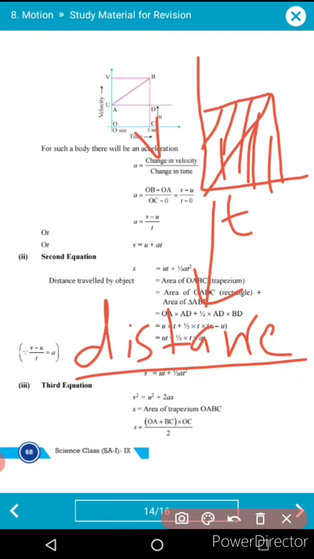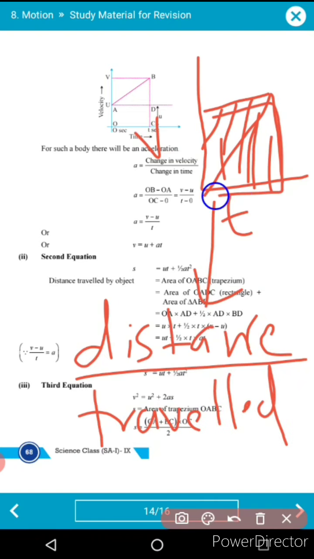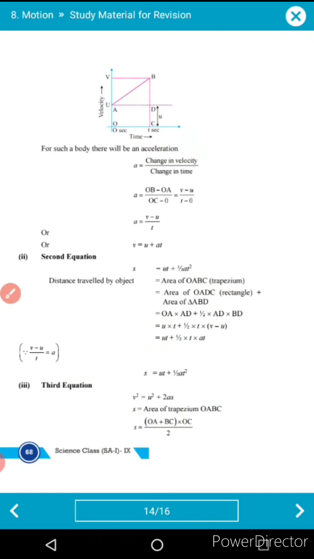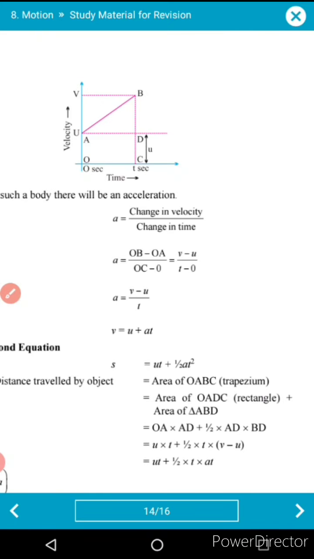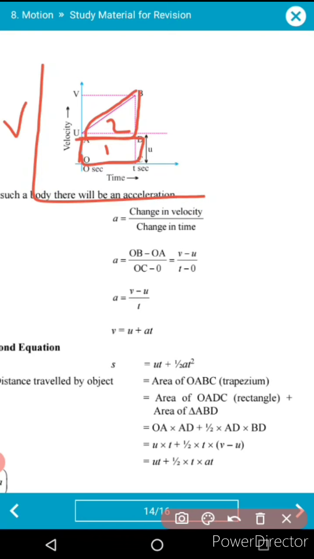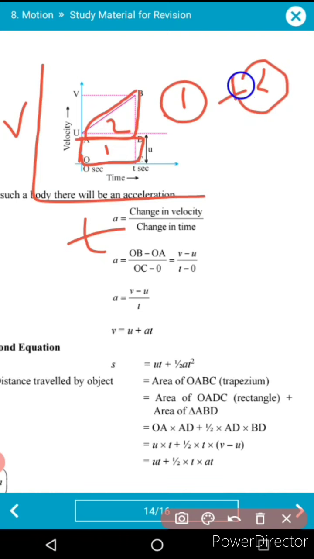In this case initially our velocity starts from here, so this area will be significant, and after that our velocity increases like this, so this area. So we have to mark area number 1 and area number 2. We have to calculate area 1 and area 2, and the sum of area 1 and area 2 gives us the total area.